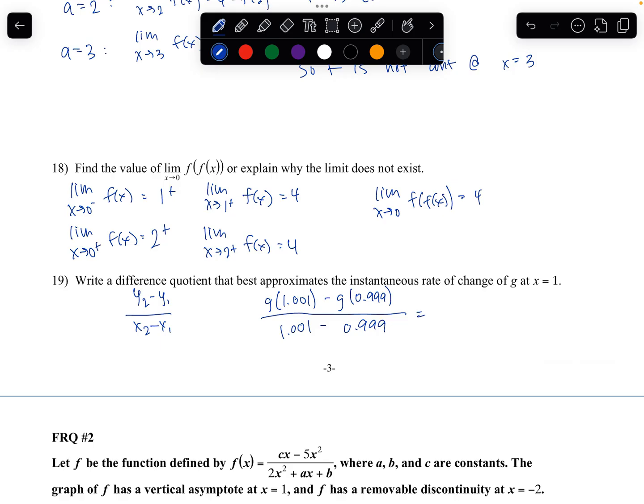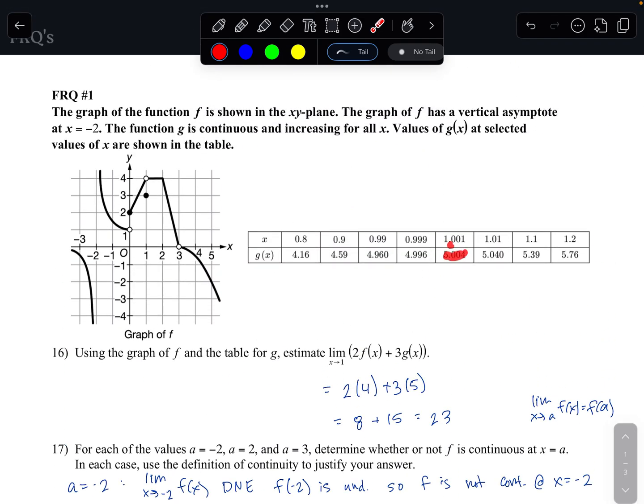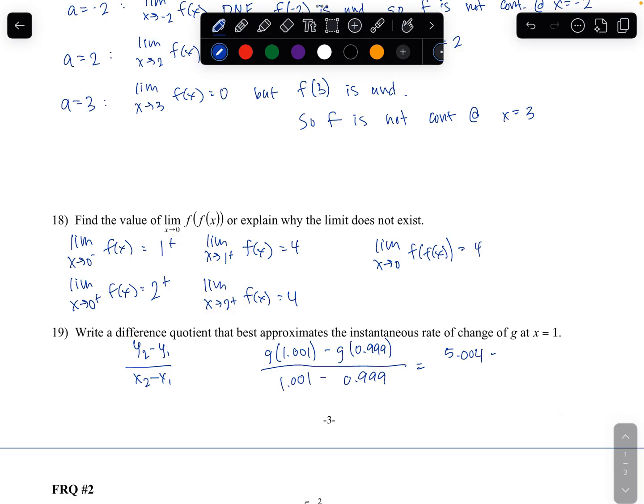If you want, you can also write it as 5.004. That was the y value right here, right? Yep. And then 5.004 minus 4.996 over 1.001 minus 0.999.